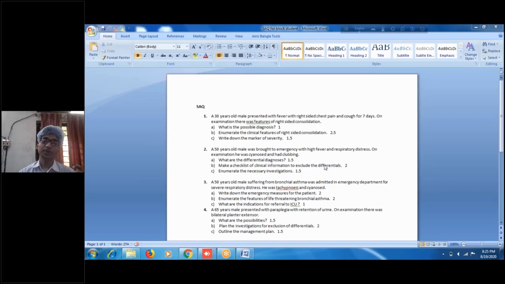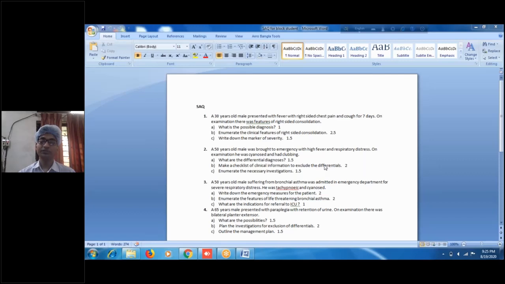For example, a 50 years old man brought to emergency with high fever and respiratory distress can have a wide range of respiratory problems. It may be bronchial asthma, COPD, bronchiectasis, lung abscess, whatnot. But on examination, he is cyanosed and has clubbing.